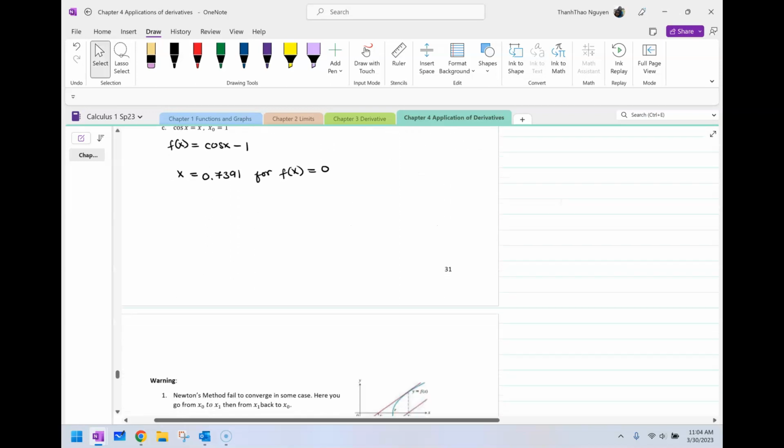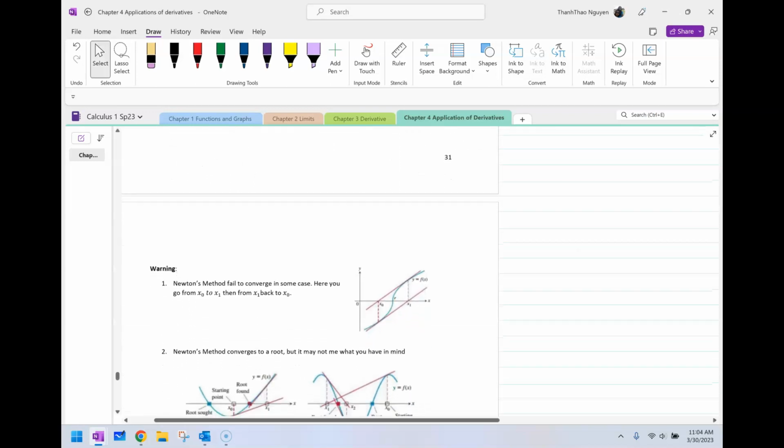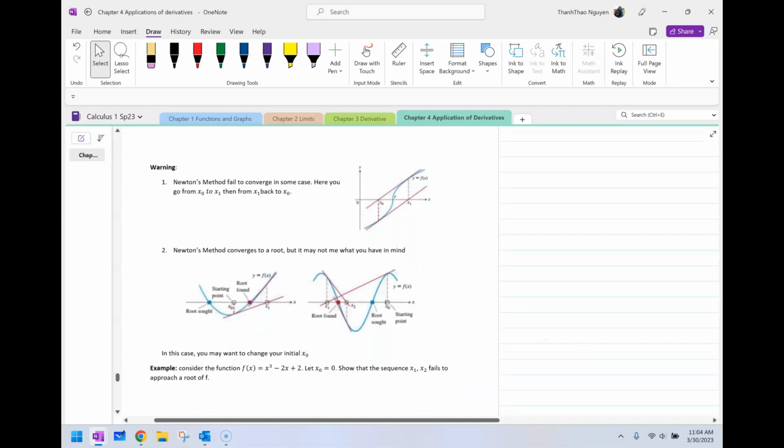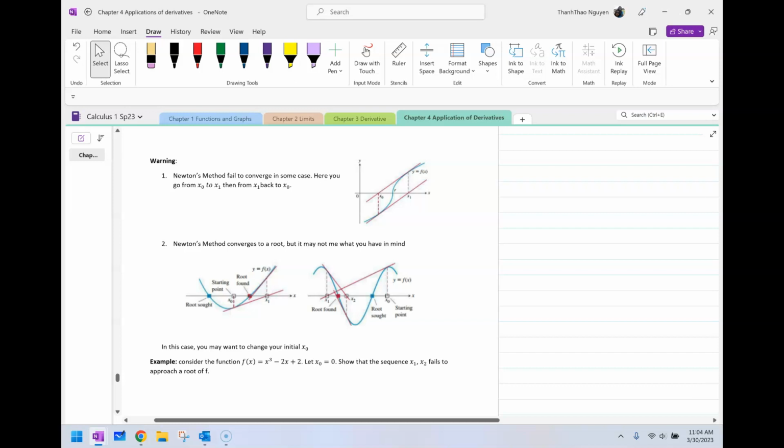Now the next thing we have is, let's call it a warning. I want to show you something for the Newton method. The Newton method may fail to converge in some cases. Hence you go from x0 to x1, then from x1 back to x0. Consider this function. If you choose x0 as this value here, then the tangent line at x0 is this.